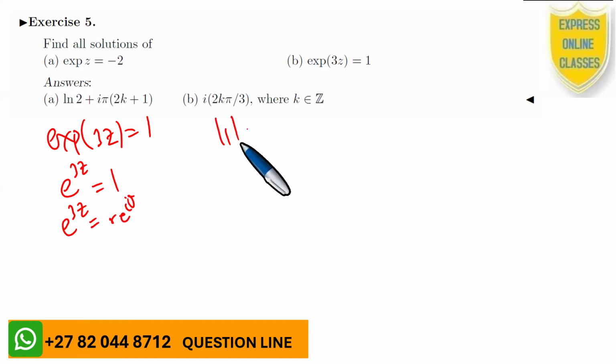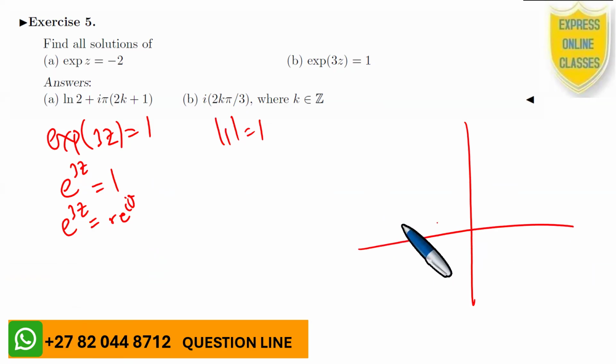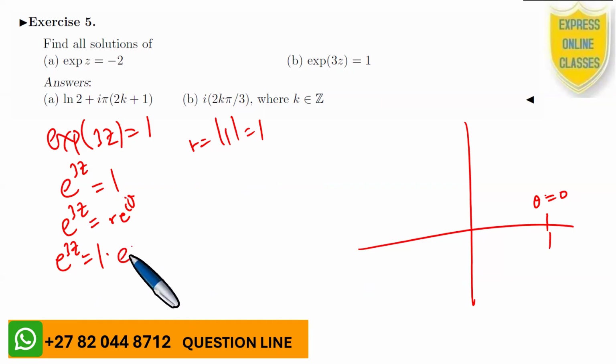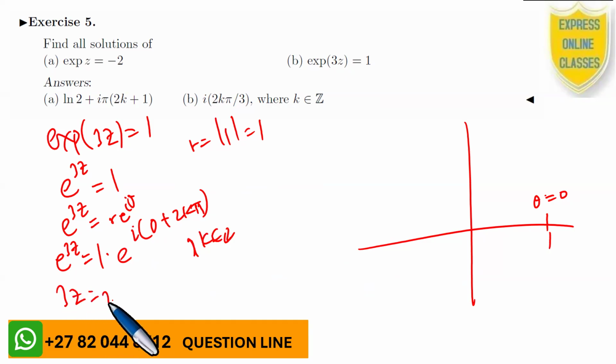But you see, you take the modulus of 1, you get a 1. The angle is 0, but the modulus is 1. This is r. So e to the 3z is e to the I times 0 plus 2k pi, k in z, which means 3z is I 2k pi, k in z.